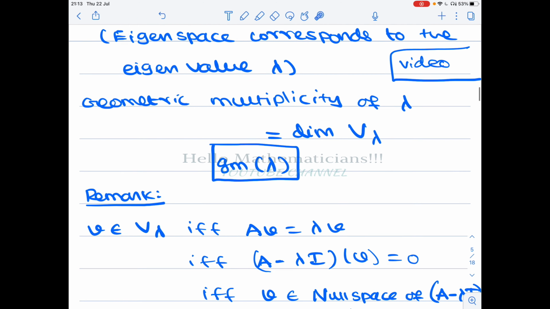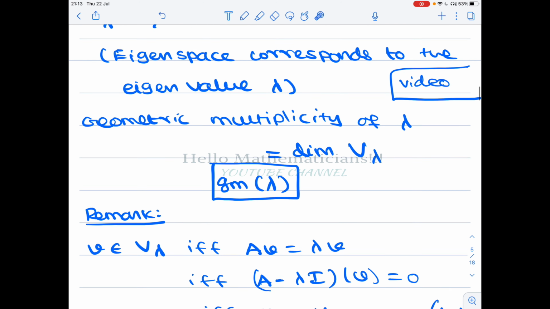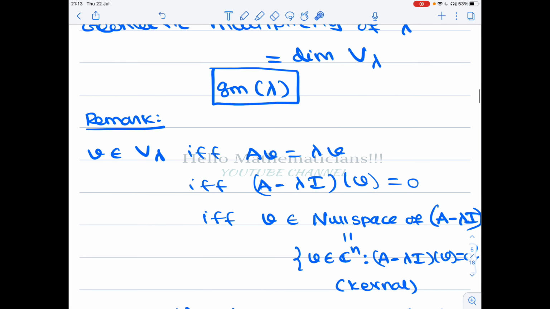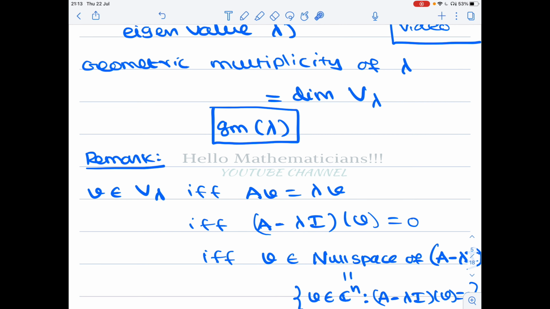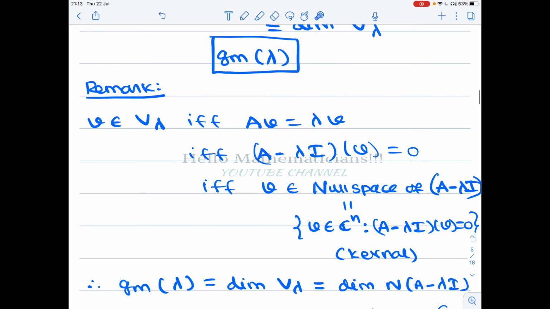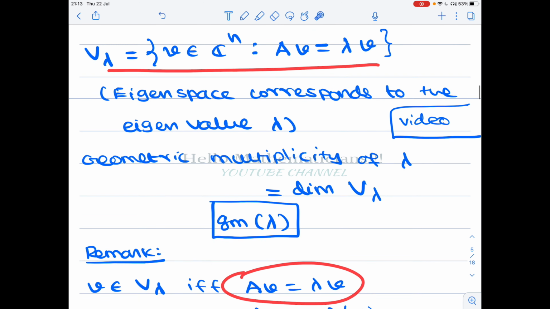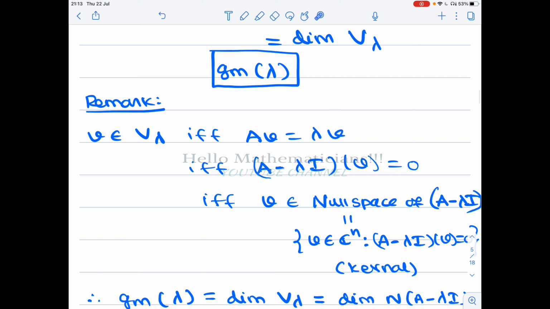Now we will derive a simple formula to calculate the geometric multiplicity of an eigenvalue. A vector v belongs to V lambda if and only if Av equals lambda v. That is the definition of V lambda. Then Av equals lambda v means that (A minus lambda I) of v equals 0, where I is the identity matrix.